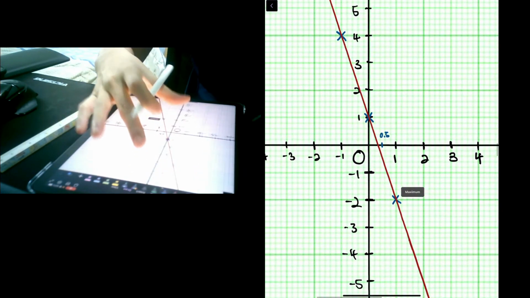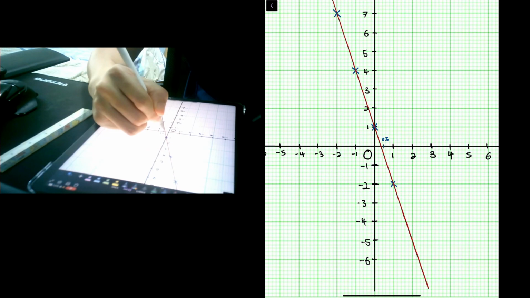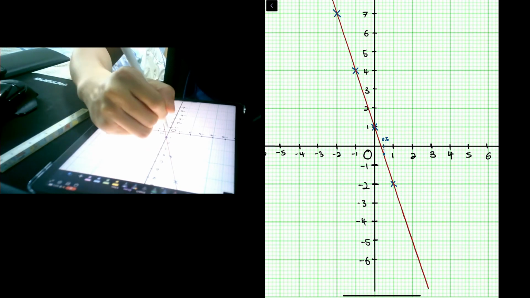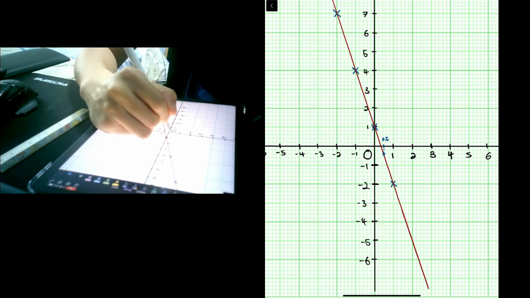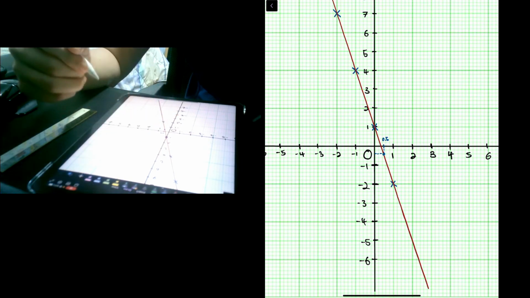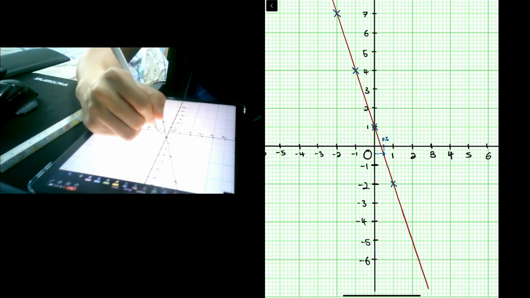You draw a dotted line downwards. It should be a point here. This point here is the point where x equals to 0.5. And I draw a dotted line, and you need to do some measurements. So you see there are 5 boxes here. 1, 2, 3, 4, 5, right?